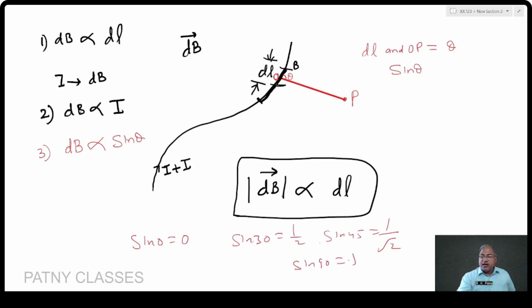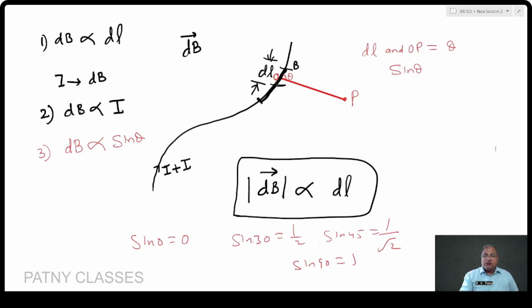That means as theta increases, the value of sine theta also increases. So here, according to Biot Savart law, the value of magnetic induction depends upon the value of sine theta. As sine theta increases, the value of magnetic induction also increases.